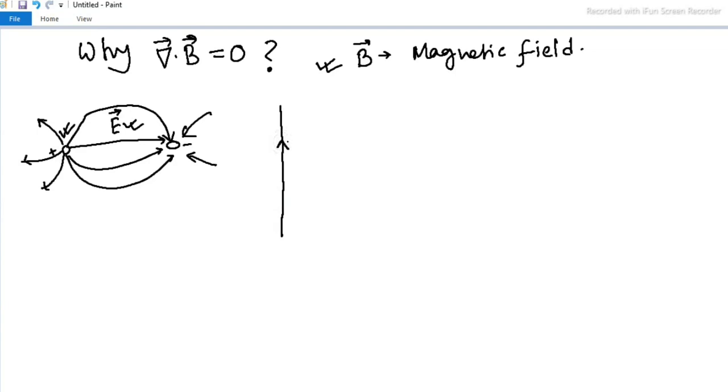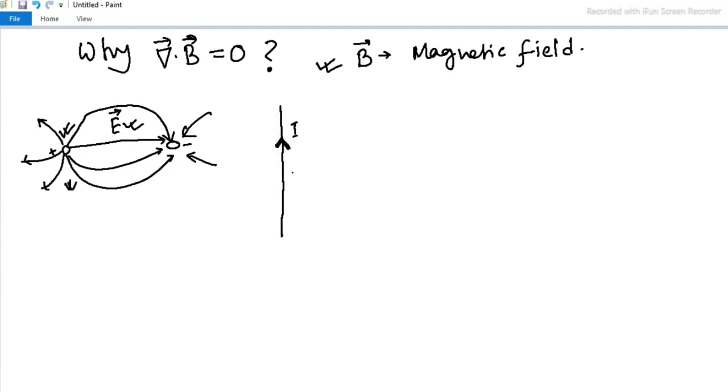Suppose this is the direction of current, I. If the charge moves in the upward direction due to positive charges, we get the current in that direction. We know that current is due to the flow of electrons, and electrons flow opposite to the current flow. So in this particular direction, suppose the current is flowing.